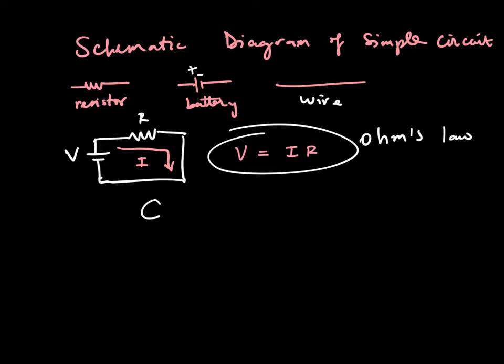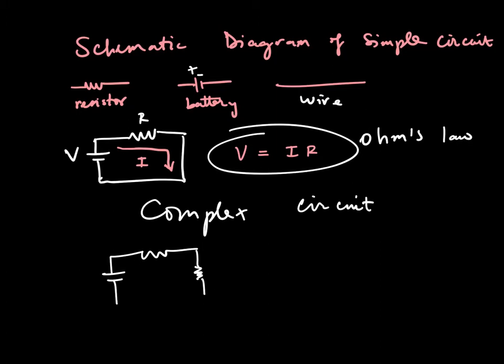So a complex circuit will look like this. So this is an example of a complex circuit.